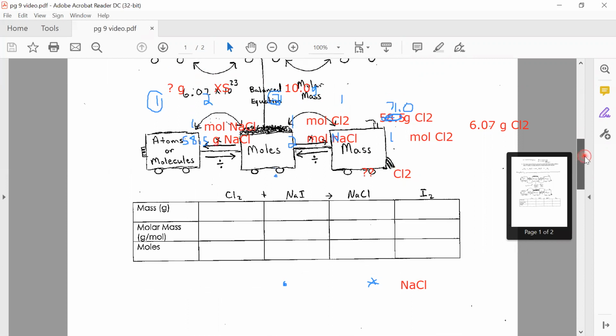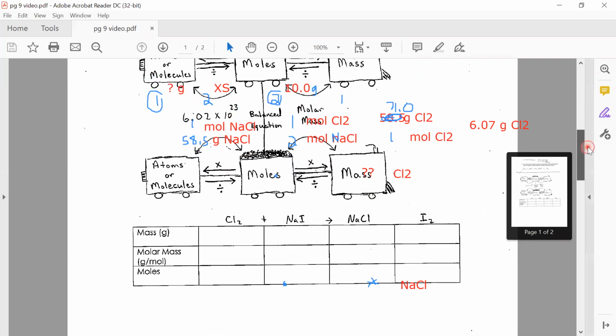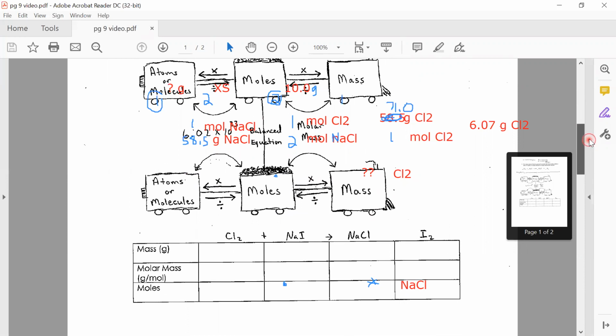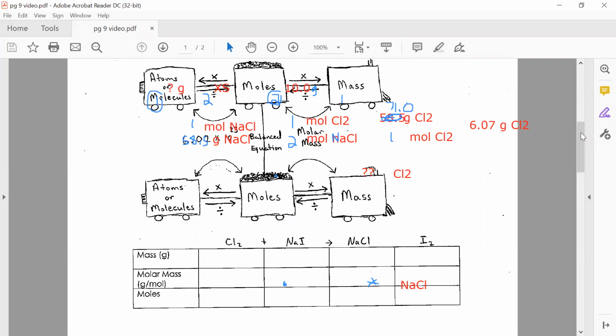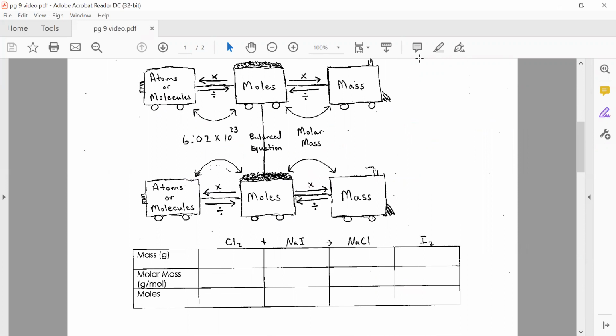So we're going to look at our reaction right here, and I'm going to clear this out, and I'm going to write out what I know, which was we had 10 grams of NaCl. So I'm going to identify this as my starting point, 10.0. And I think I was trying to find what question mark grams right here.